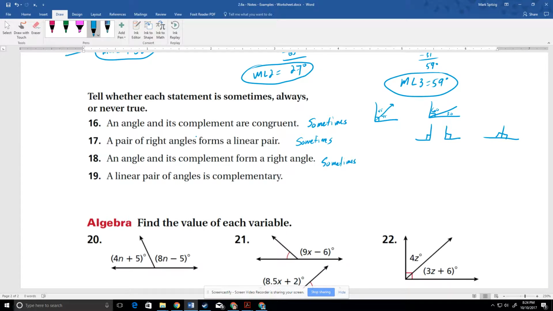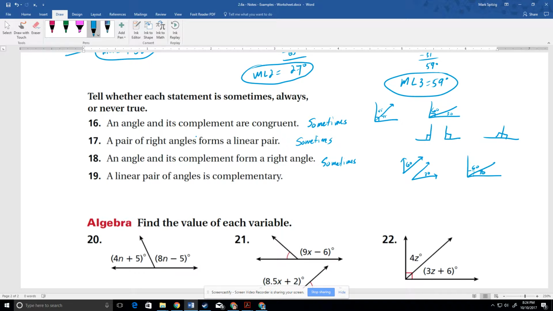If I'm interpreting what they're asking correctly, it's basically saying if I have an angle here that's 60 degrees, and I have an angle here that's 30 degrees, well, if I put them together, they form a right angle, but right now they don't. Complementary angles don't have to be adjacent, so we're going to go with sometimes, because they could be together and form a larger right angle, but if they're not connected, then they're not going to.